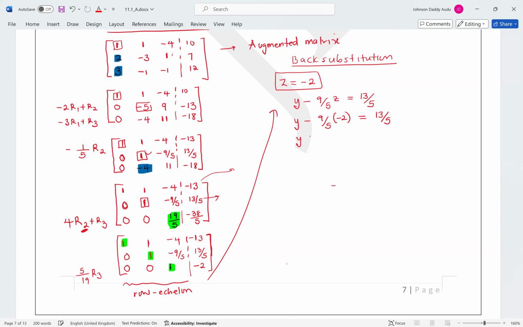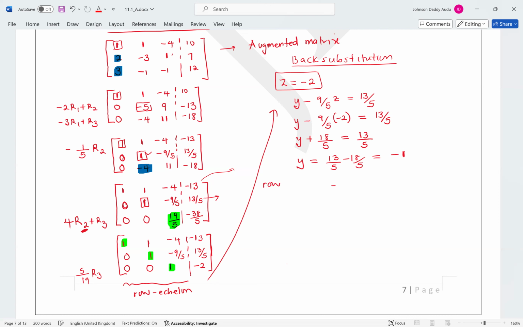So this is y plus 18 over 5, equals 13 over 5. And that means that y is equals to what? 13 over 5 minus 18 over 5. And this is nothing but minus 1, right?